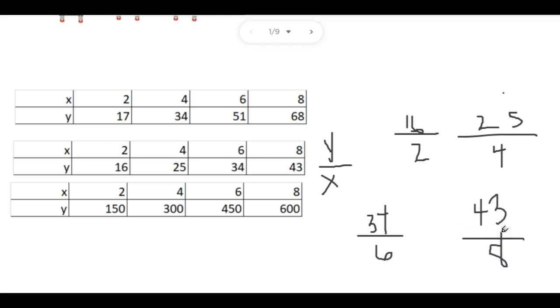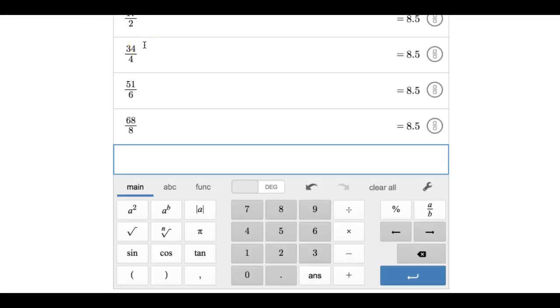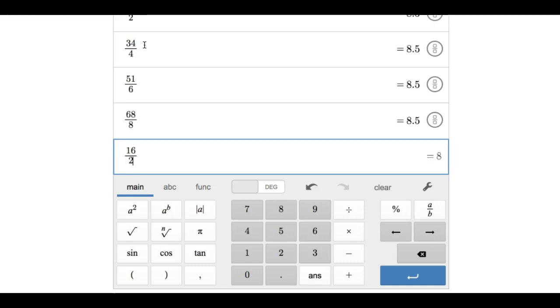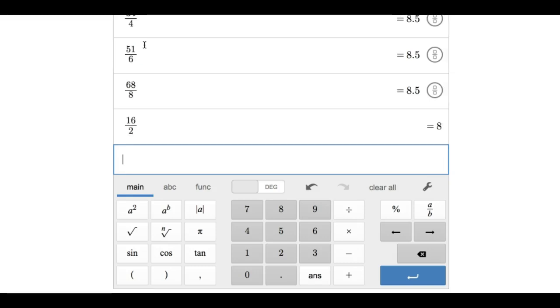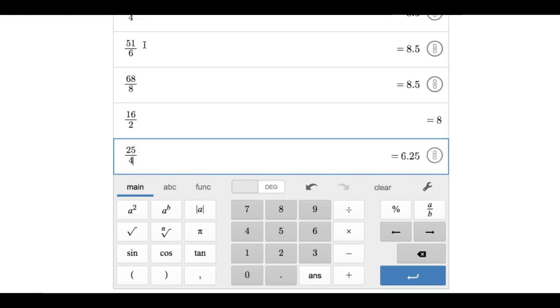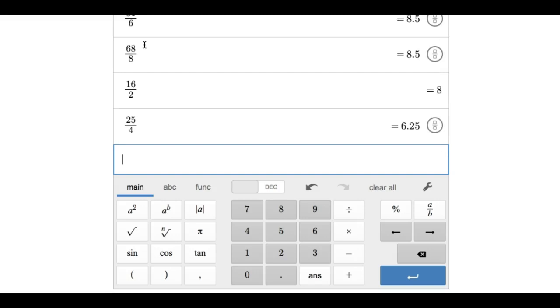All right, so let's go to our calculator and let's try it. So our first one is 16 divided by 2, and that's 8. Okay, so all of them should give me 8. My next one, 25 divided by 4. That says 6.25. Did I do something wrong?